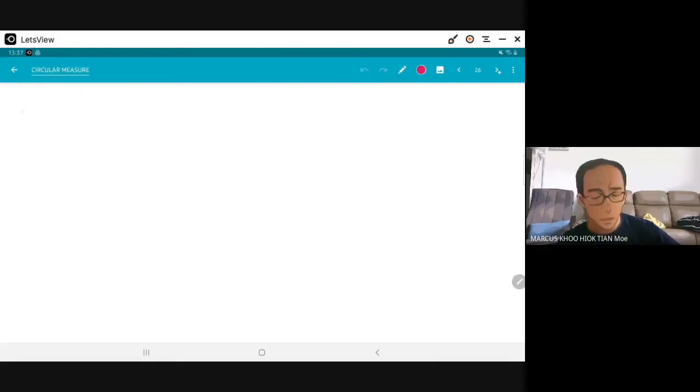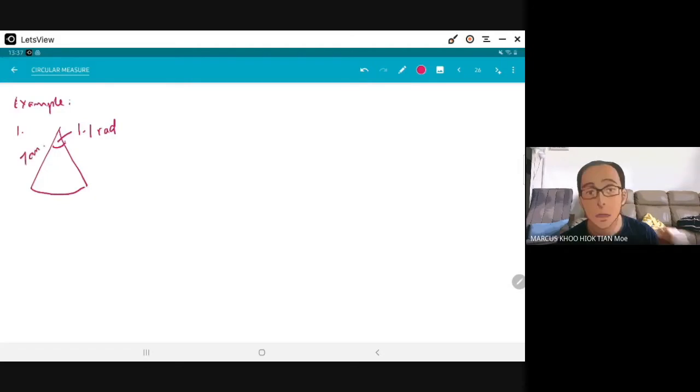The first one now that I want you to try. Let's see how we can use this one. So we have one sector over here. The angle is 1.1 radian and the radius is 7 cm. Find the area of this sector.